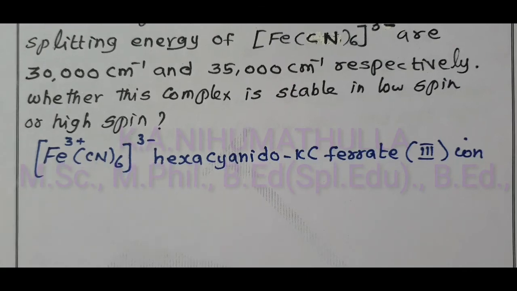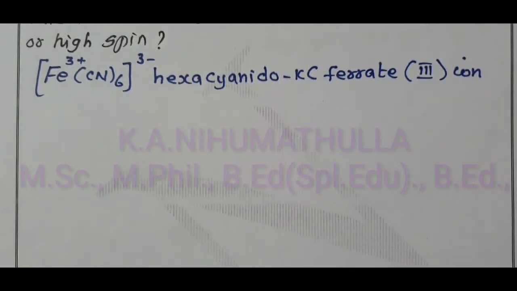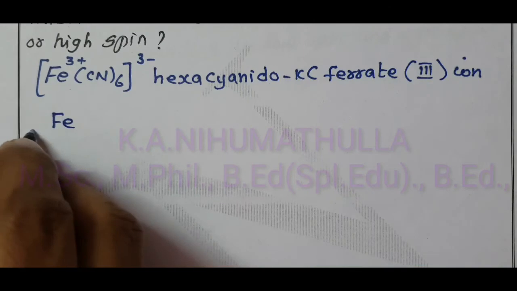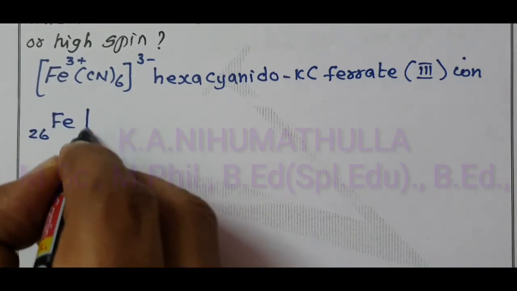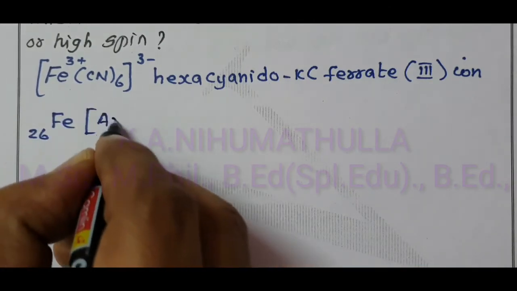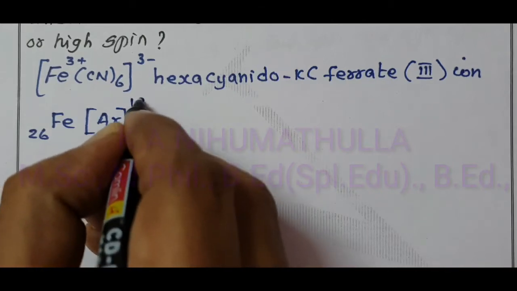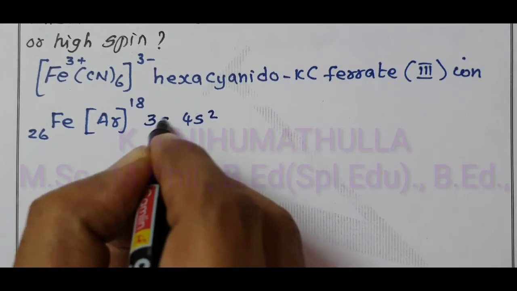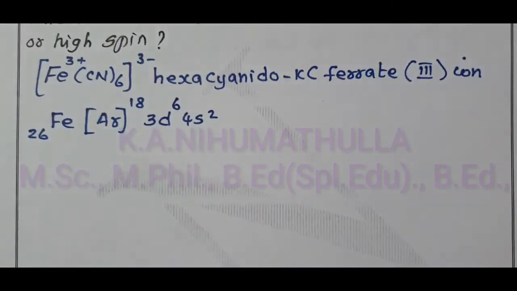The central metal ion is Fe. The atomic number is 26. Electronic configuration: argon, atomic number 18, and remaining we have 6 electrons. Those 6 electrons are filled in the 3d orbital.